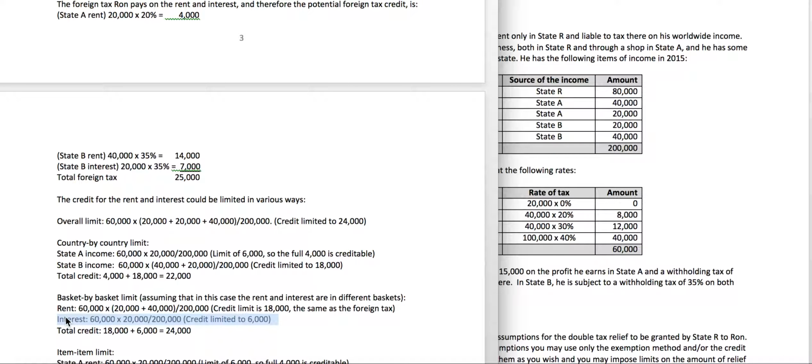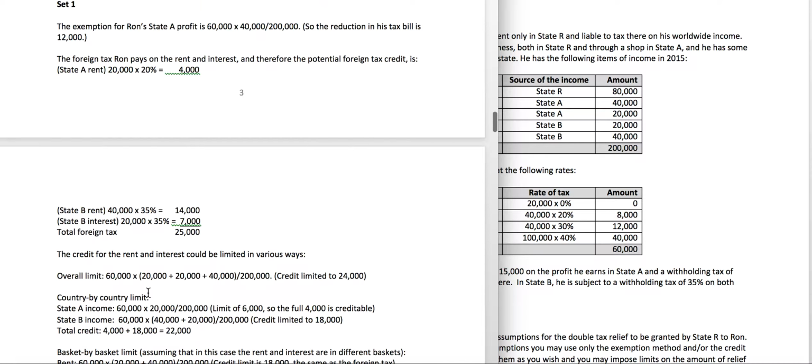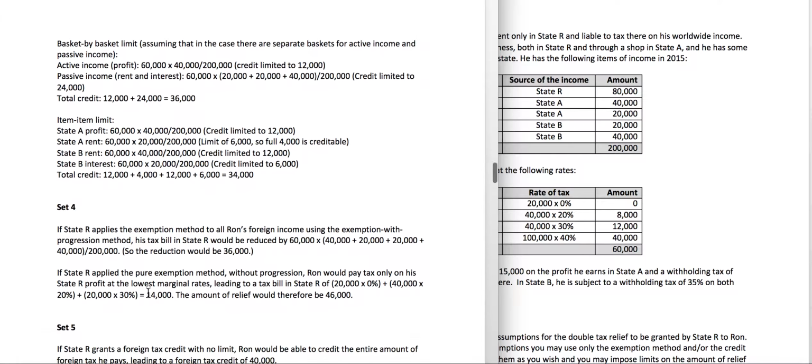You have your interest over here: 60,000 times 20,000 divided by 200,000 is a credit limit of 6,000. So the total credit is 18,000 plus 6,000 equals 24,000. So that's set one right there.